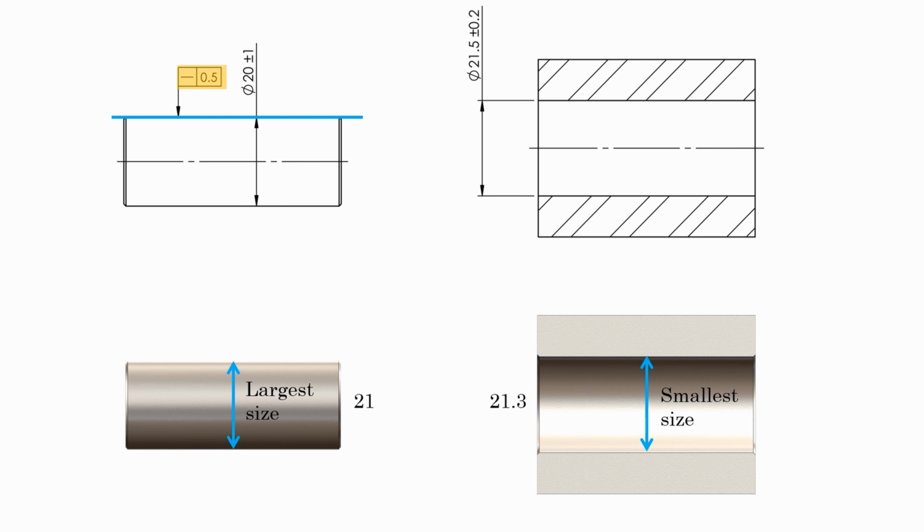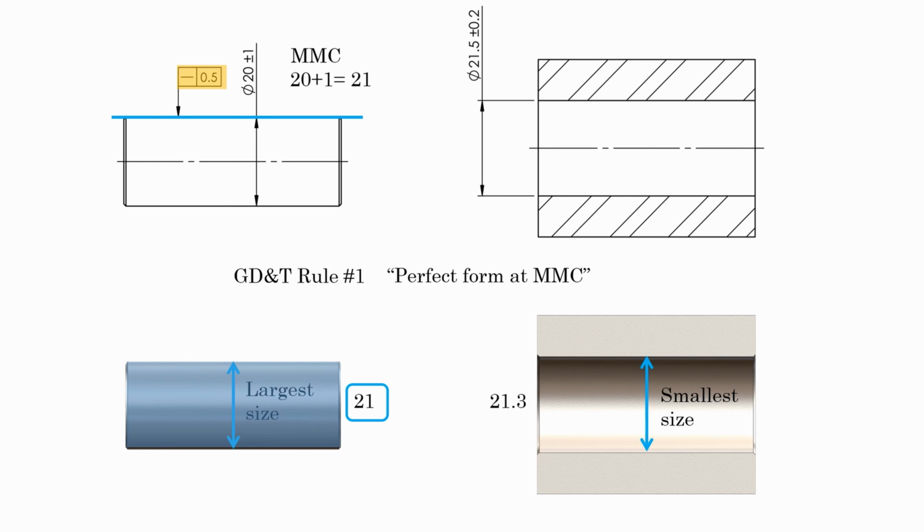Why? Because according to GD&T Rule 1, which is perfect form at MMC, when the shaft is at MMC at 21 mm, the form of the shaft must be perfect, no matter whether straightness is controlled or not controlled over the surface. It means the straightness deviation of the shaft will automatically become zero when the shaft diameter is at its MMC at 21 mm.